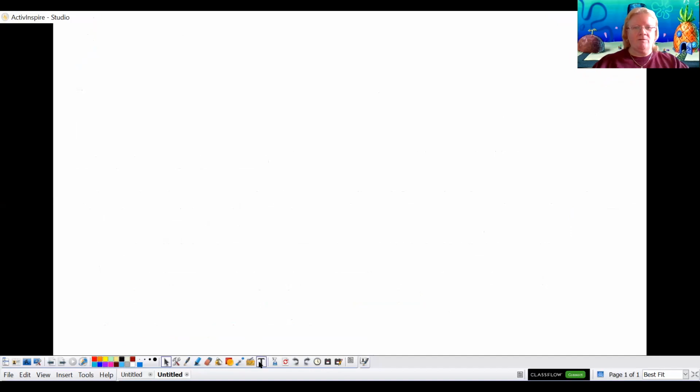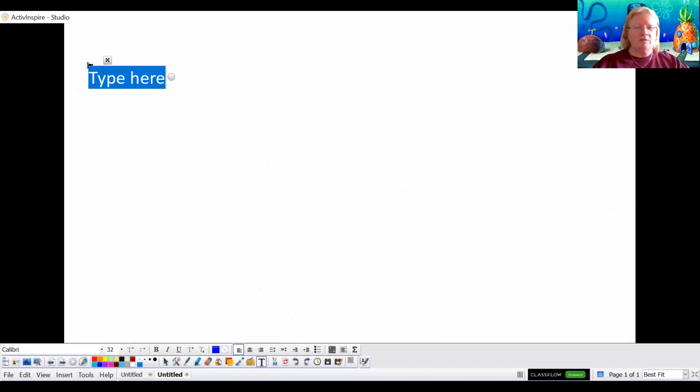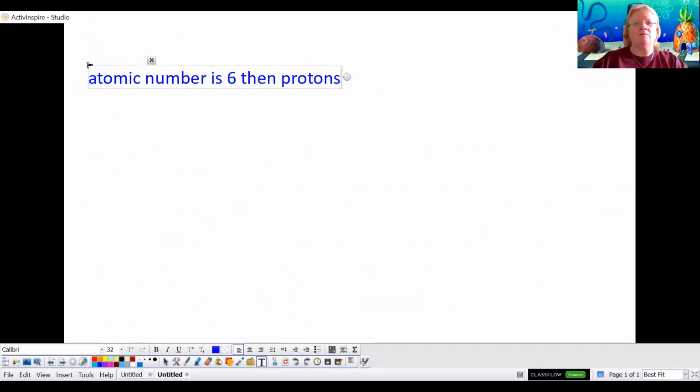All right. So if the atomic number is 6, then protons are also 6. And since we've been learning about the fact that atoms are inherently neutral, that means they're neutral unless they're changed.